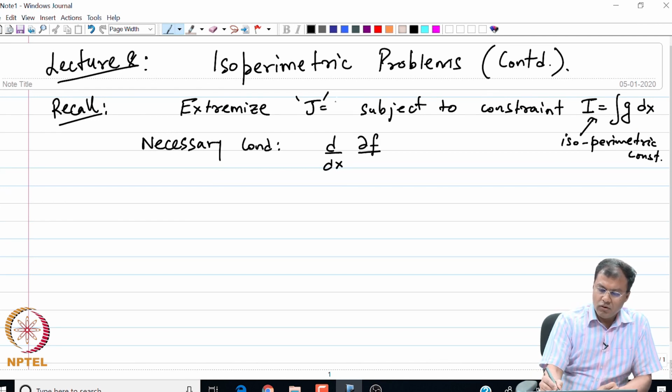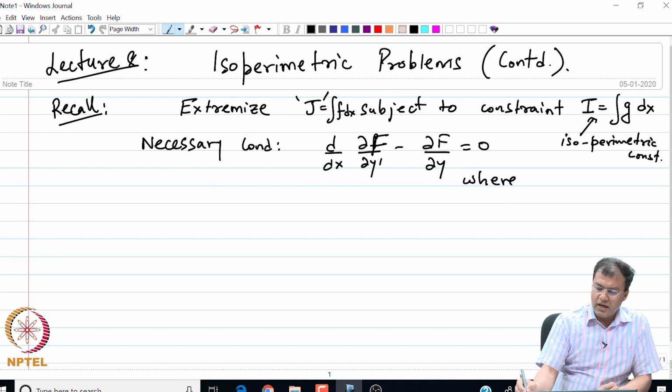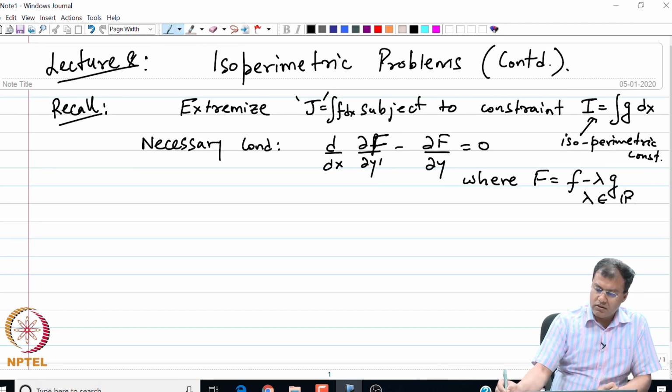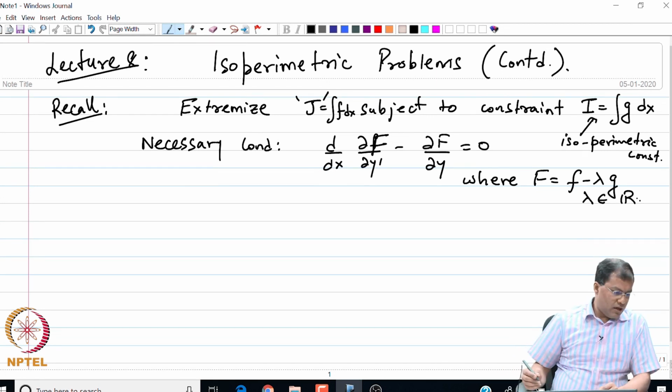J was integral f dx. So what we have is the following: capital F_y minus d/dx of F_y' is equal to 0, where my capital F was f minus lambda g, where lambda is a constant which is a real number.